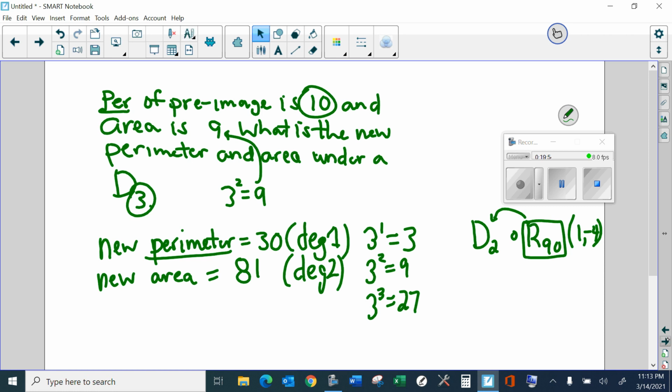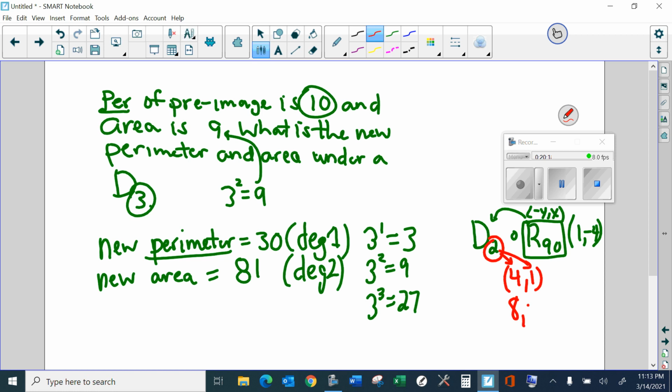So rotation of 90, remember, reflect that over the x-axis first, which is the y coordinate. So we have (x, -y), and then over the line y equals x, which makes it (-y, x). So what is (-y, x) of that point? That would be (4, 1). And now dilation 2 just means to multiply each of these by 2. So my final answer is (8, 2).